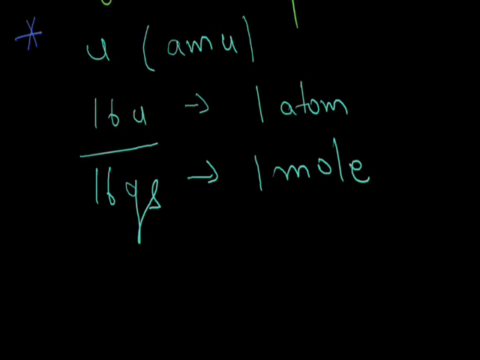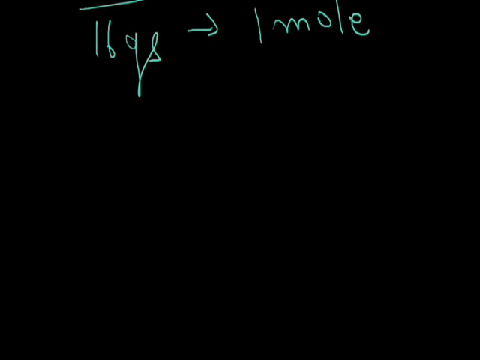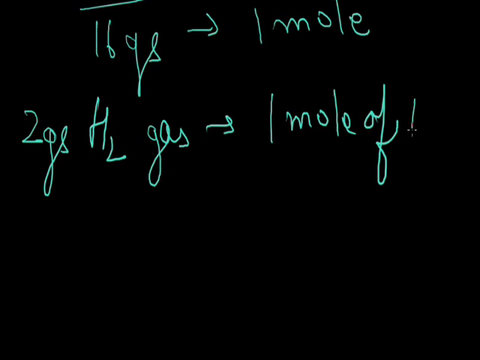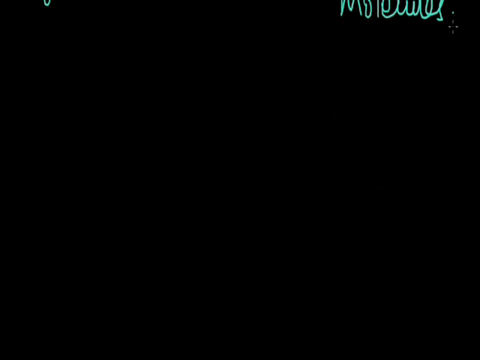Now this quantity refers to atoms as well as molecules and ions, everything. It's not specific for an atom only or ion only. If we are referring to 2 grams of hydrogen gas, that will consist of 1 mole of hydrogen molecules. Now that will consist of 2 moles of hydrogen atoms.